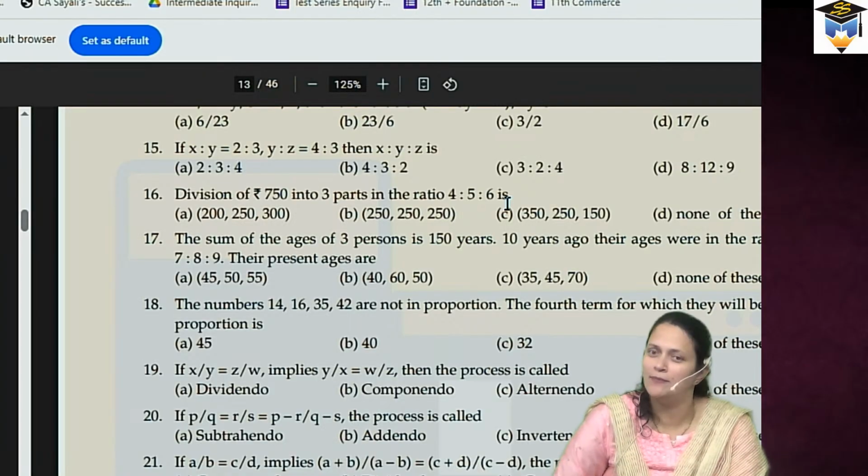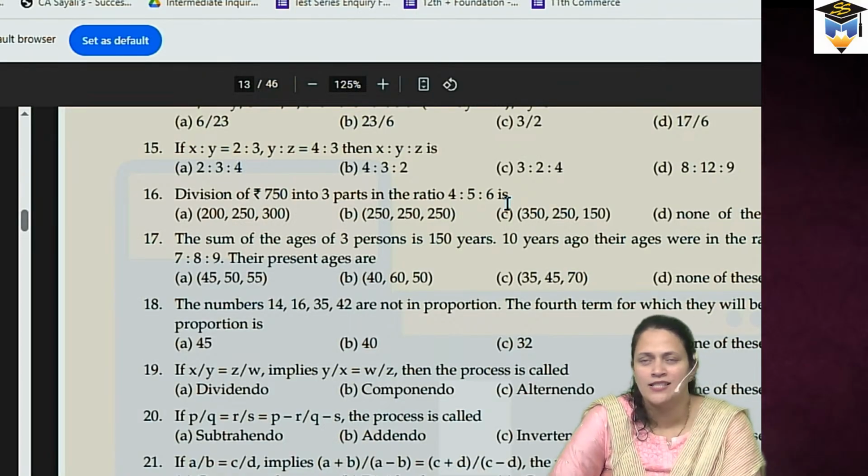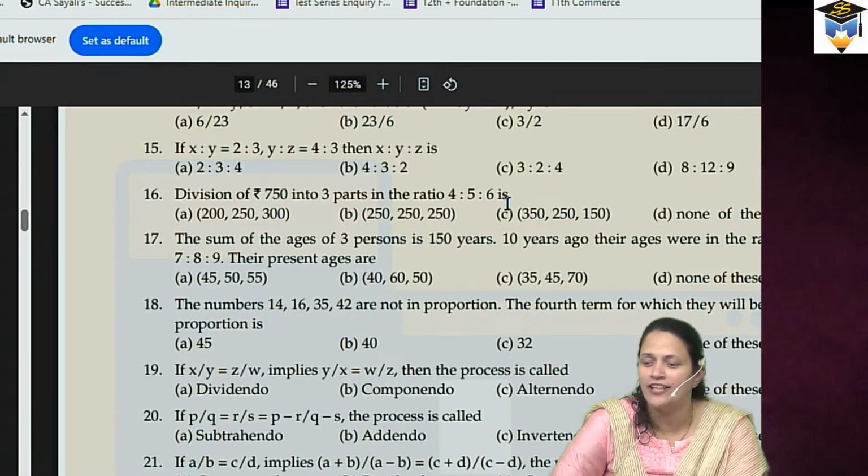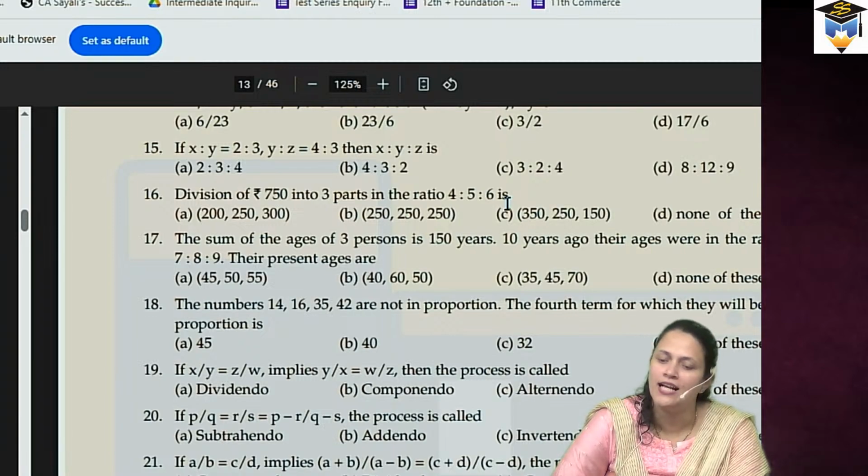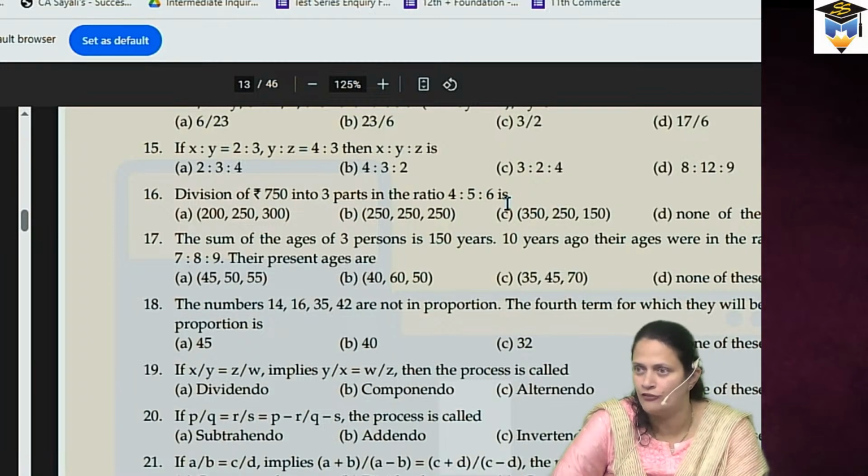That is the easiest. Tell me the answer. See, 4x plus 5x plus 6x is equal to 750. Therefore, x will be equal to 750 divided by 15.